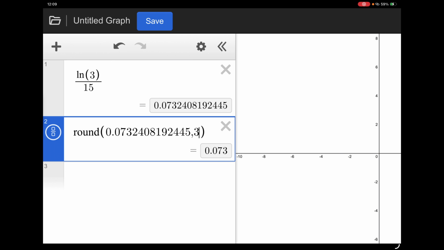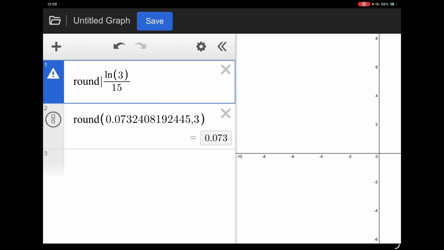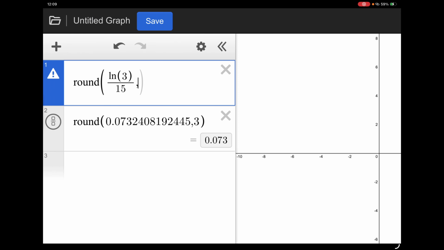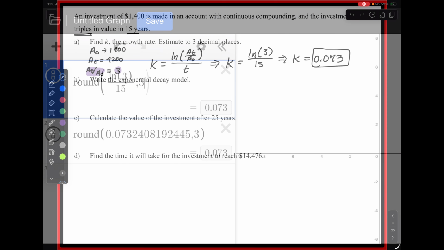Now I could also do all of this in one entry line. Up here, if I simply type in that same command round, put a parenthesis, and then after my expression type in the comma and the desired decimal places I want to round to, it does it in one step as well. So again, those are your two options. But regardless, our K value is 0.073. So there's our answer for part A.